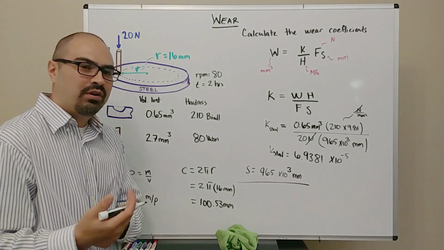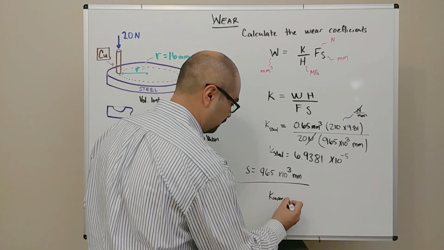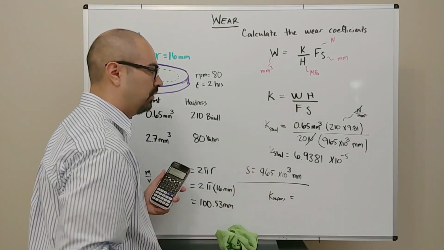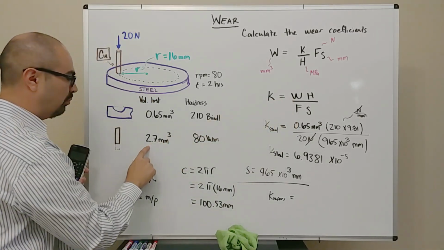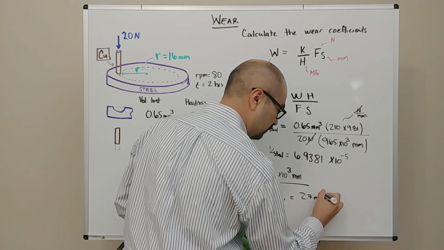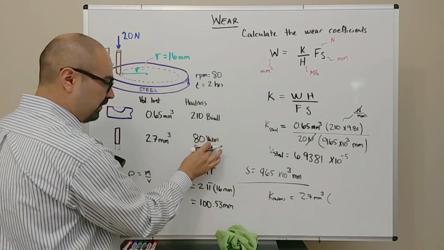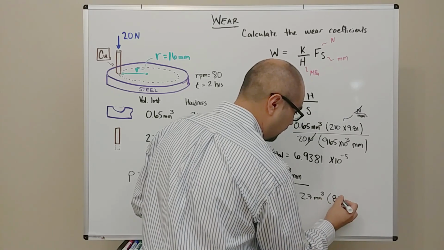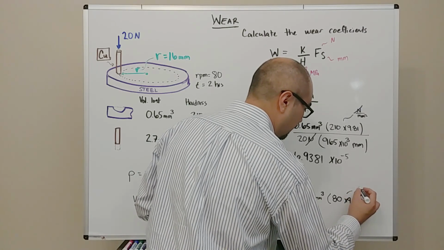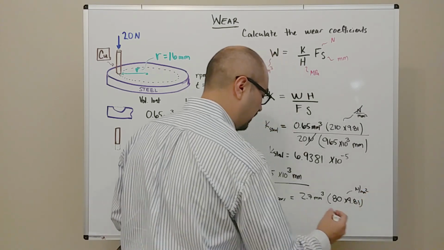So next, if we want to calculate the coefficient for copper, right? We still have the same equation, but now we need to put the values for copper. So the volume worn away for the copper is 2.7 millimeters cubed, times the hardness. The hardness is given in Vickers, but if we take 80 and we multiply times 9.81, this is going to give the hardness in megapascals, or again, newtons per millimeter squared.